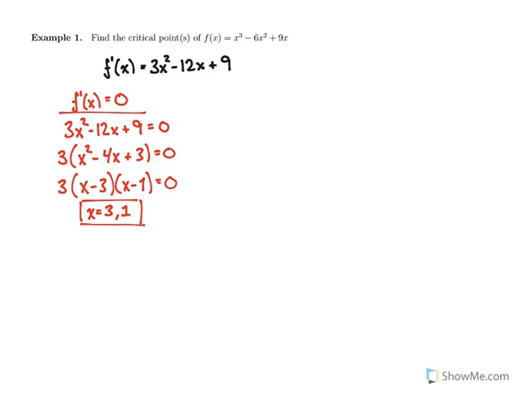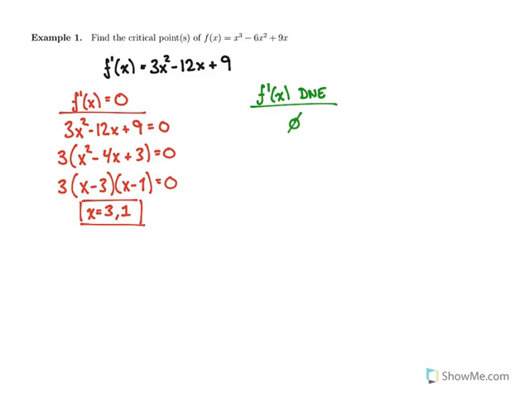We also check every time if the derivative does not exist at any point. In this case, since it's a polynomial, the derivative exists everywhere. There are no weird points, so we don't have to deal with it.